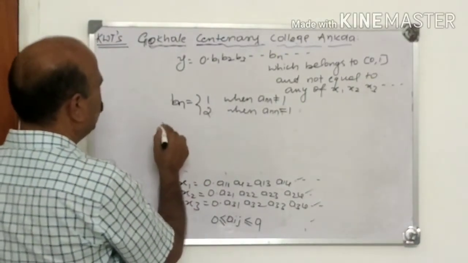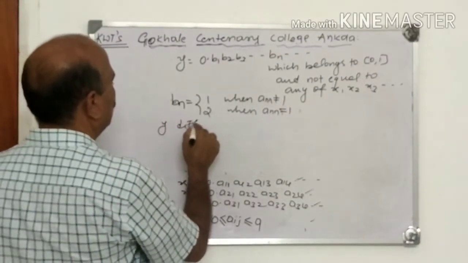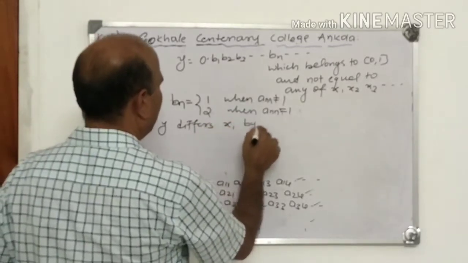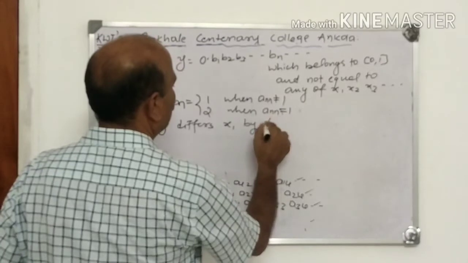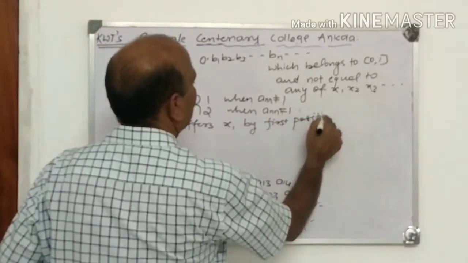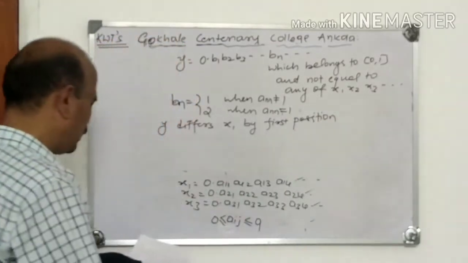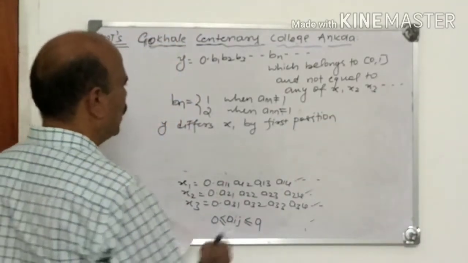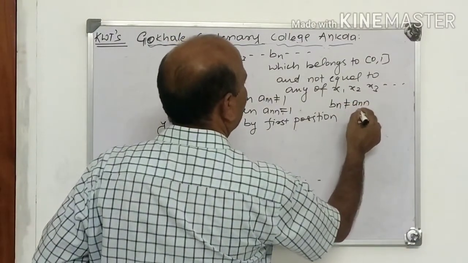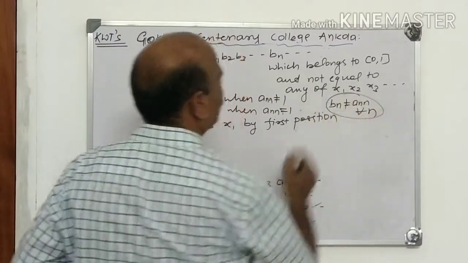This y differs from x1 in the first position. What is the meaning of this? That means this bn is not equal to ann for all n. This is the important thing.